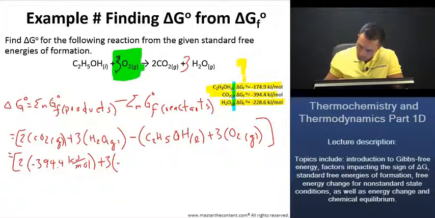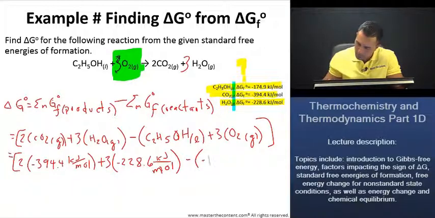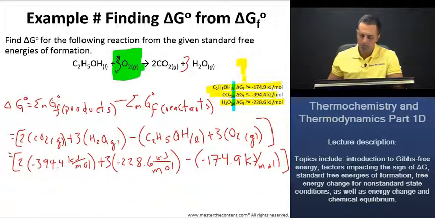That's just going to be negative 228.6 kilojoules per mole. Wonderful. And lastly, just our ethanol, which is going to be negative 174.9 kilojoules per mole. And there we are. And for oxygen, it was just going to be 0, right?